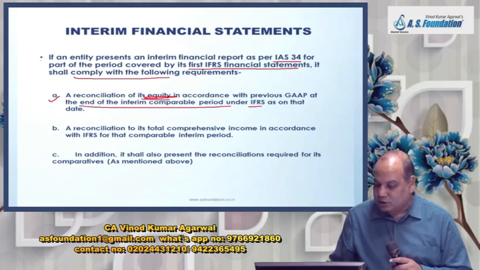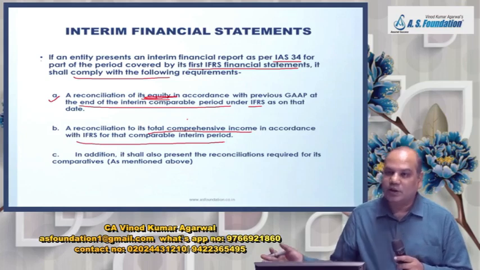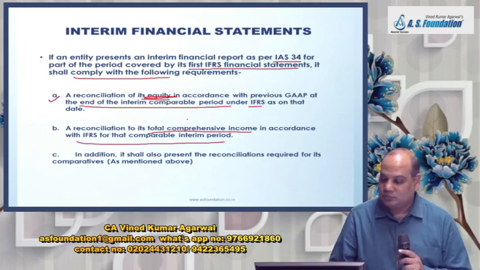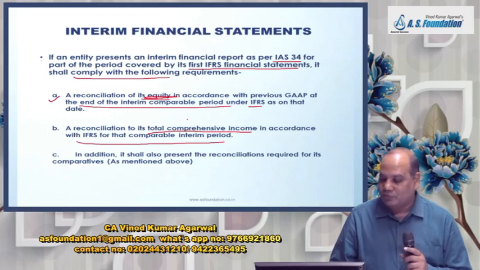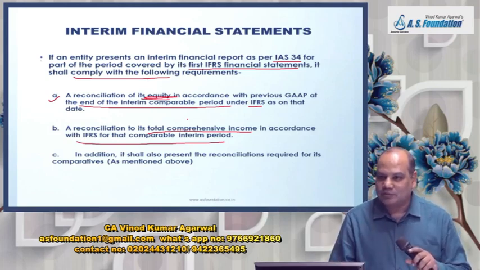A reconciliation of its total comprehensive income in accordance with IFRS for that comparable interim period, because the previous interim period was already finalized under old GAAP. For comparison purposes, you have to give it under IFRS. So the difference between the two comprehensive incomes would be there.